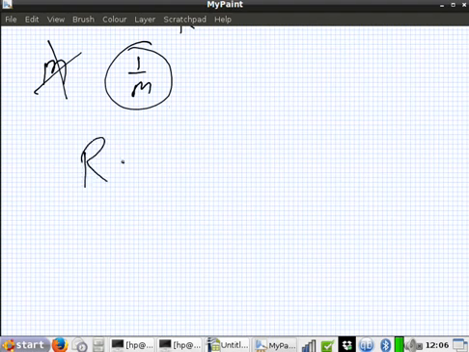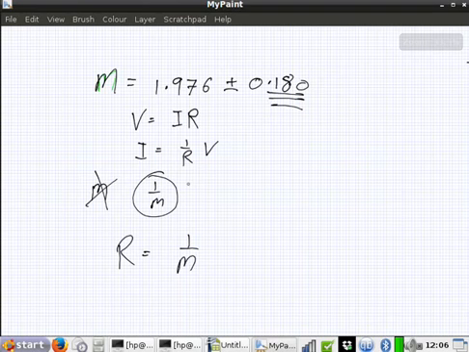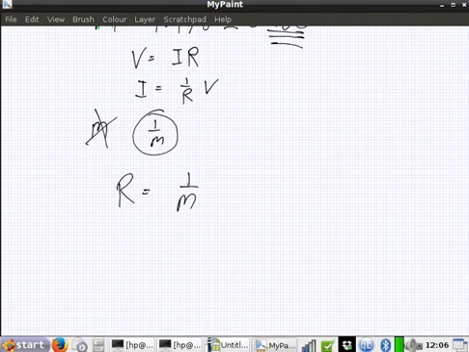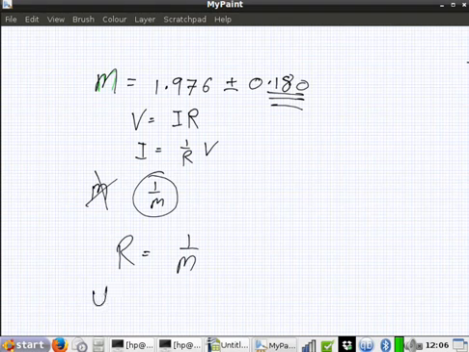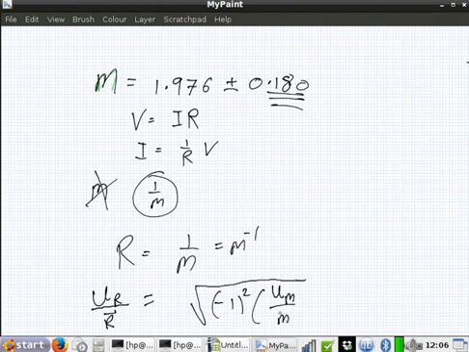So we have R equals 1 over m. I'm sorry, I'm going a bit too fast, I know. Do you see what I'm saying about R equals 1 over m? Yeah? So we want the uncertainty for R, and we know the uncertainty for m. So let's see what we get. The uncertainty for R divided by the estimation for R equals square root, minus 1 squared, and then we have the uncertainty for m divided by the value for m.